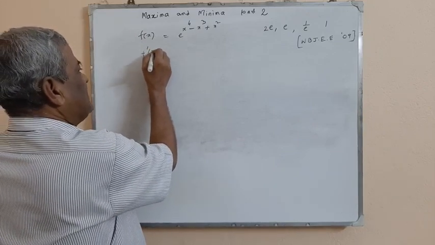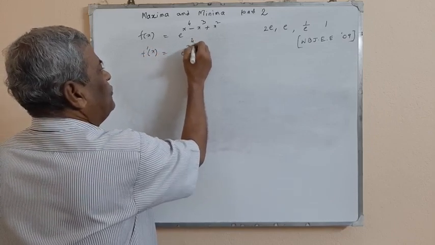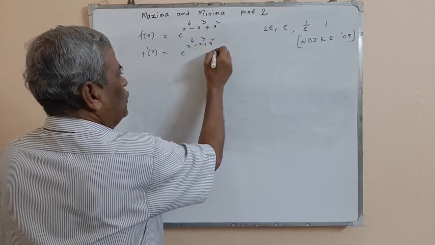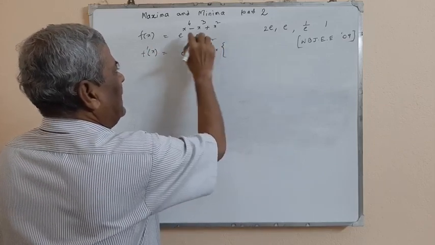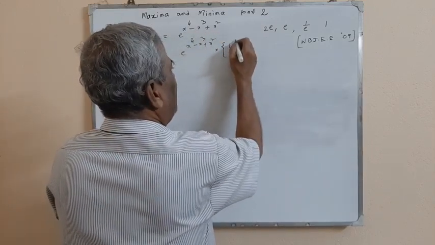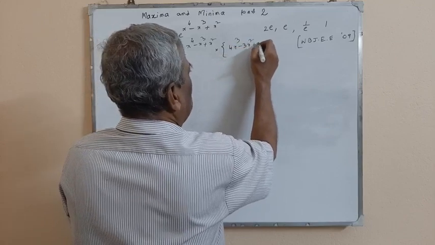So f dash x is equal to e to the power x to the power 4 minus x cube plus x square into the derivative of that part, 4x cube minus 3x square plus 2x.